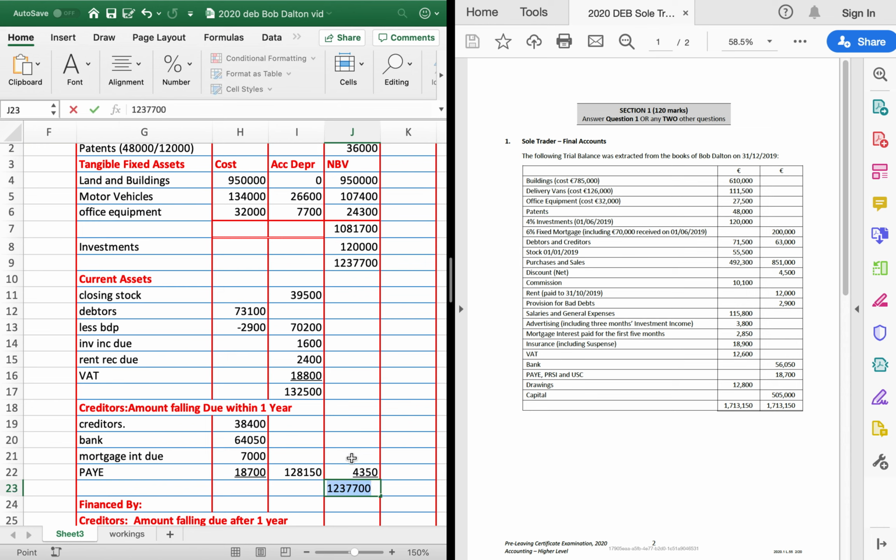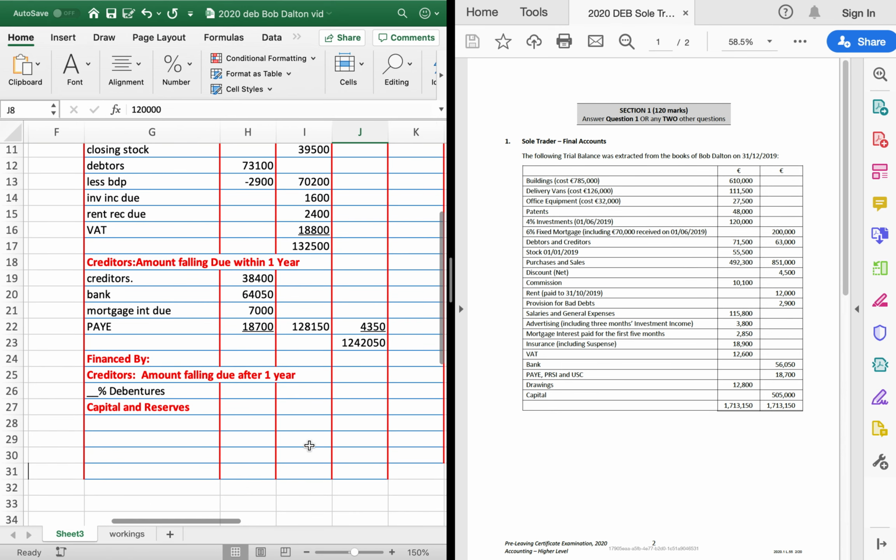Add that onto your fixed assets. You get 124,250. Not sure how we're going to get that to balance with the numbers for the depreciation.